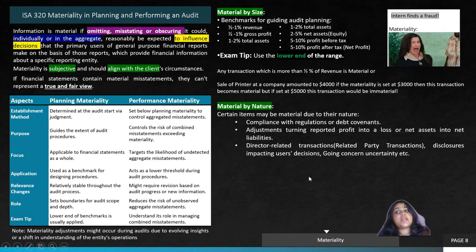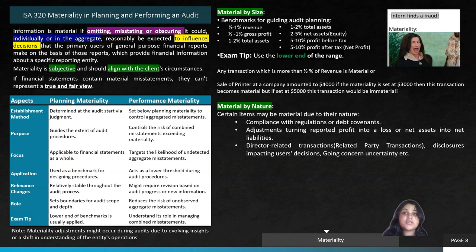So, information is material if omitting it, misstating it, or obscuring it could individually or in the aggregate reasonably be expected to influence decisions of the primary users of financial reports. What did you understand from that?